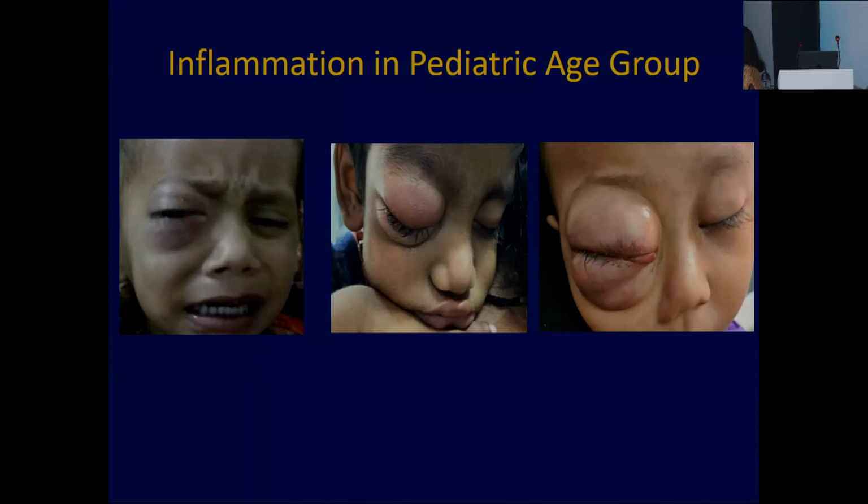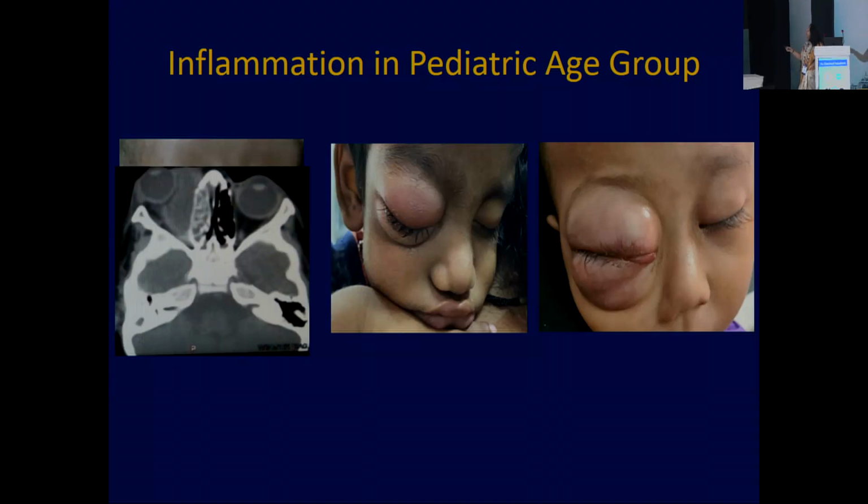Good, very good. This one? The first clue. Definitely this is an orbital cellulitis, subperiosteal abscess. Ethmoidal sinusitis, maxillary sinusitis breaking through into the orbit, causing orbital cellulitis.